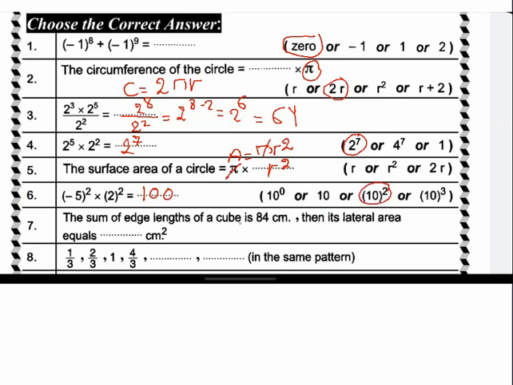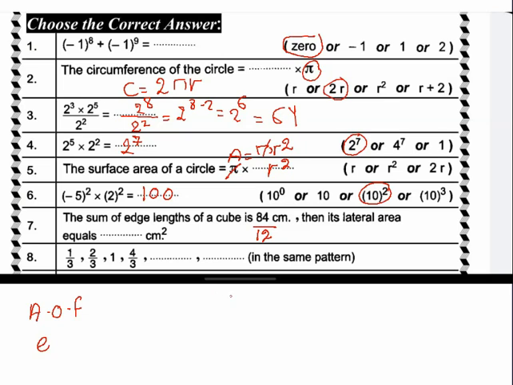Sum of edge length of a cube is 84. Then the lateral area equals. To get the lateral area of a cube, you should have the area of one face or the edge length. Here I have the sum of edges, so you should divide this by 12, because the sum of edge length is 84 and the number of edges is 12.